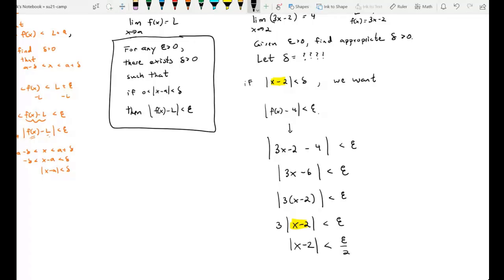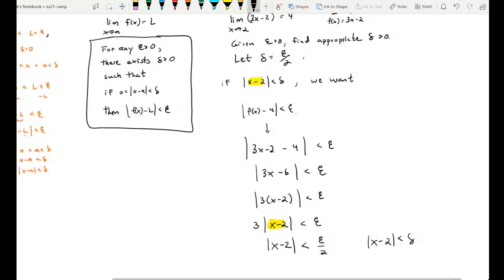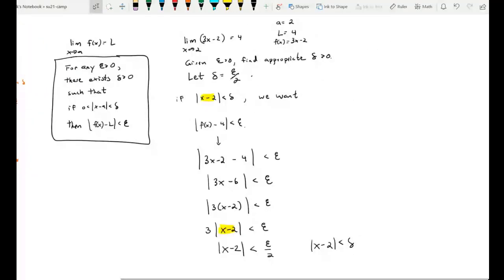So how do you think we should define our delta if we compare these two statements? Well, we should probably let delta be epsilon divided by 2. So we're going to let delta equal epsilon divided by 2, and that should be a sufficient delta.